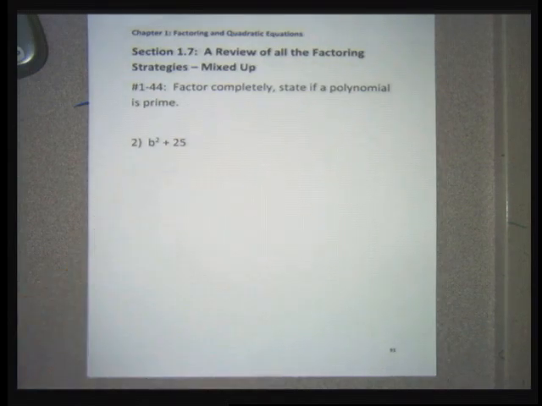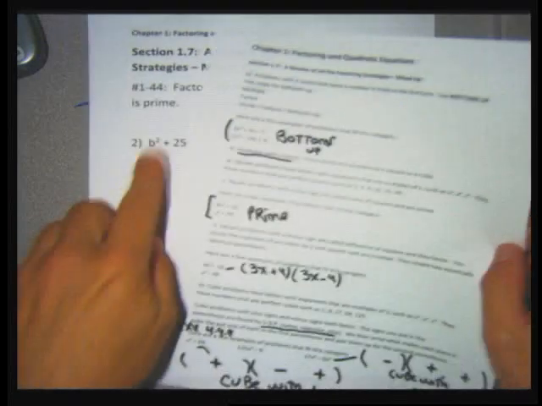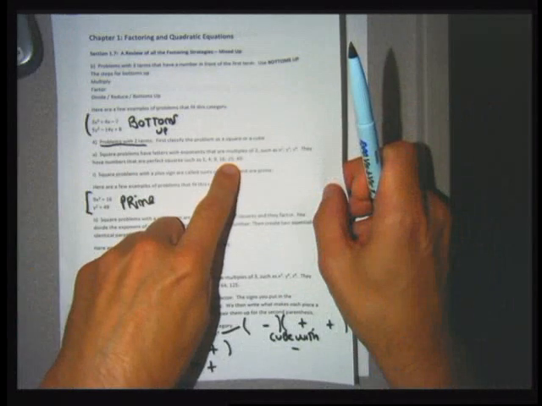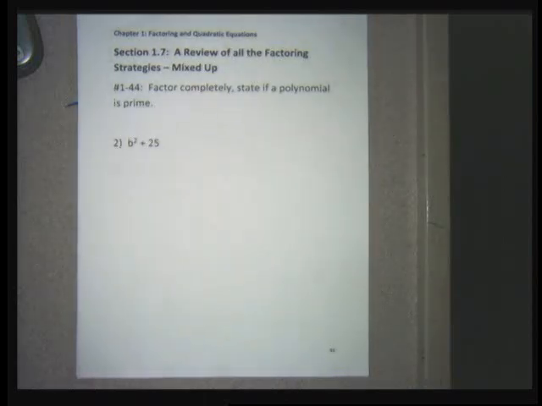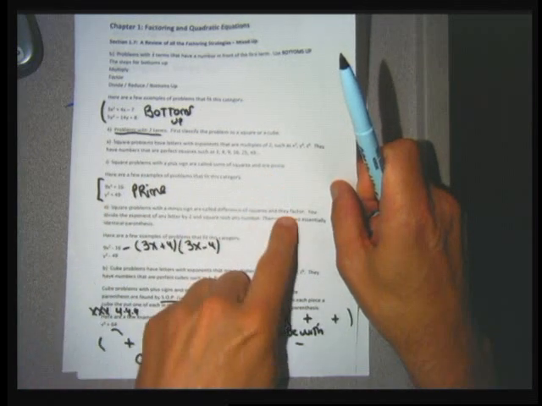It has 2 terms. So if it has 2 terms, it's either a square or a cube problem, and this problem must be a square problem, because to be a square problem, you need exponents that are multiples of 2, the exponent's a multiple of 2, and numbers that are perfect squares, and 25 is a perfect square. So this is a square problem, and in square problems the sign's a huge deal, because square problems with pluses are prime, square problems with minuses factor.